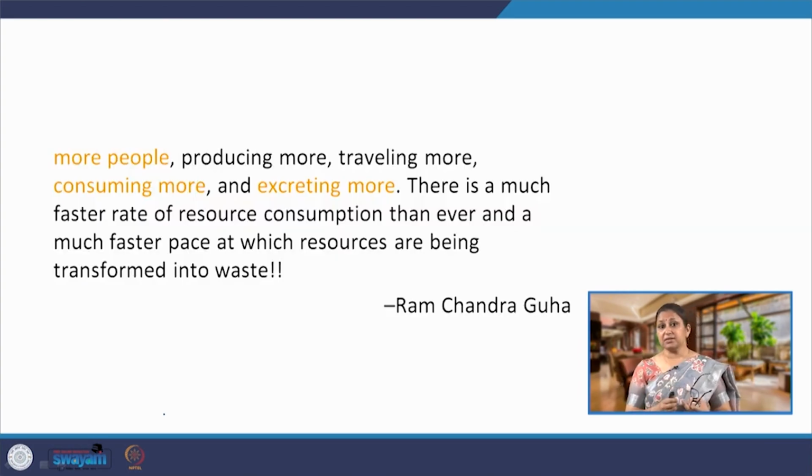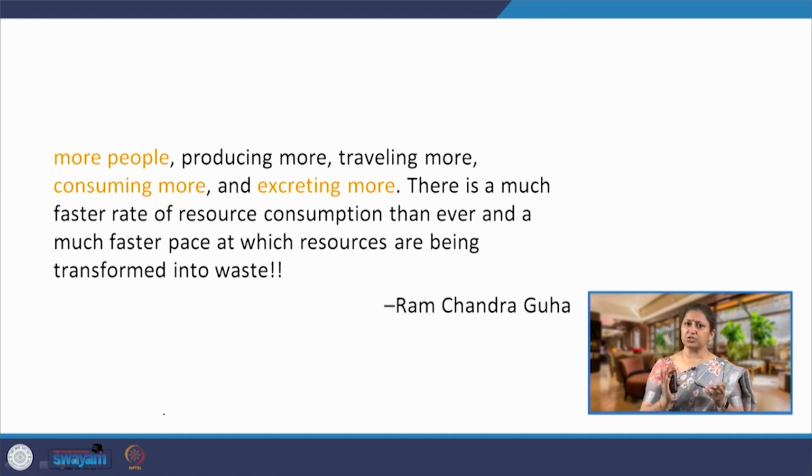Now, where is the problem? The problem, as has been very aptly put by Ramchandra Guha and several other scientists and leaders and thinkers, is there are more people producing more, traveling more, consuming more and excreting more.